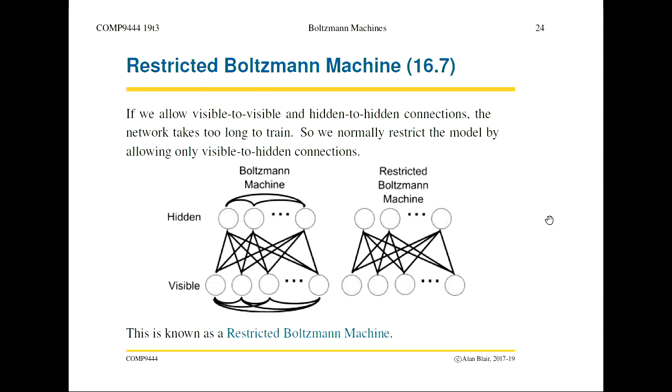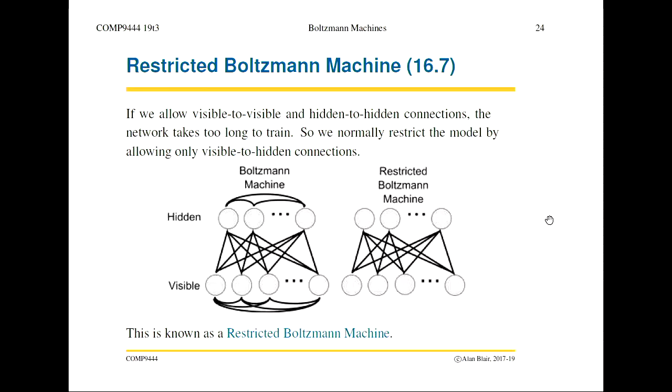With the original Boltzmann machine, we had to update one neuron at a time. Here, we can fix the input nodes and update all the hidden nodes at once, and then we can fix the hidden nodes and update all the input nodes at once.